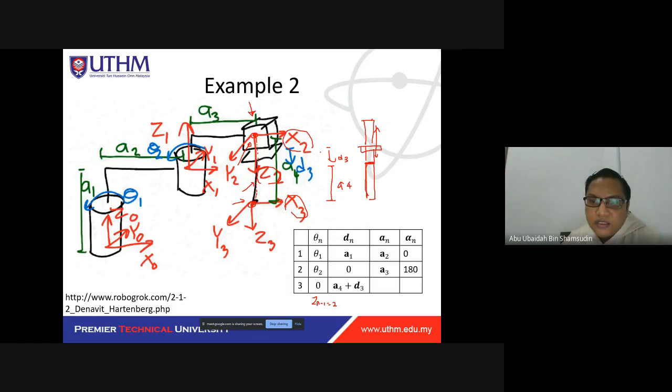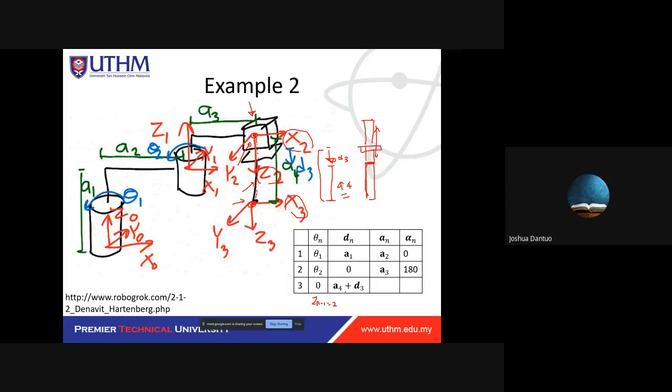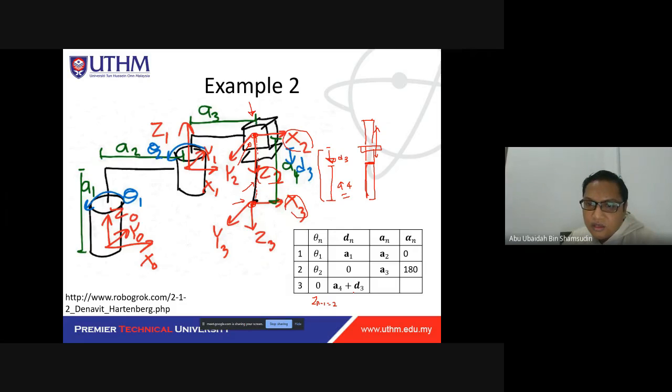So you just add these two from here to here. The A4 value is rigid, maybe it doesn't change, but D3 is a moving joint. It always changes. So D3 is actually a variable.